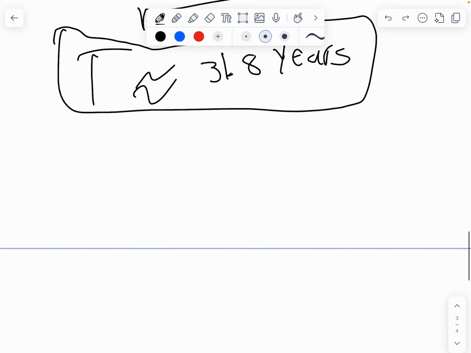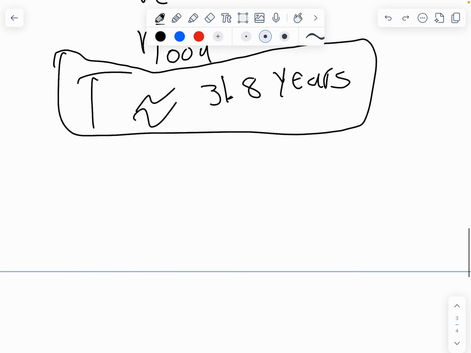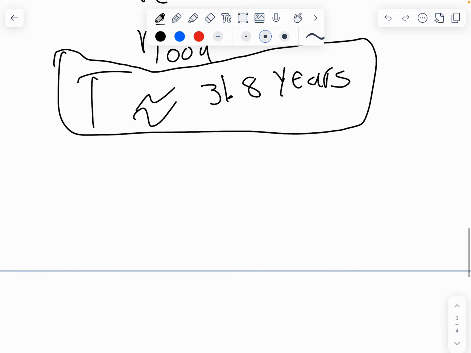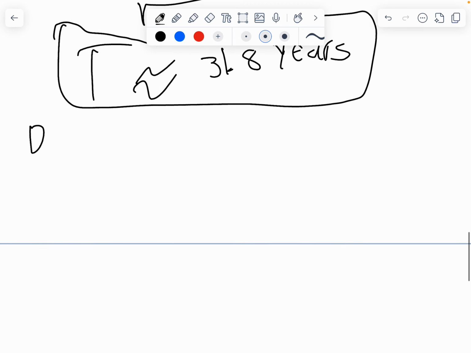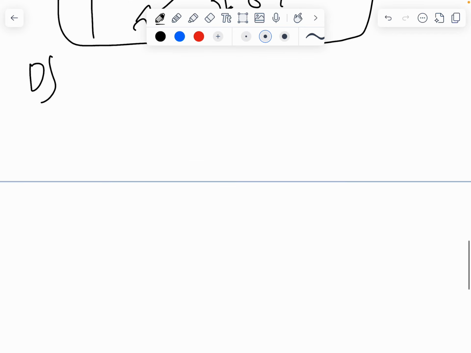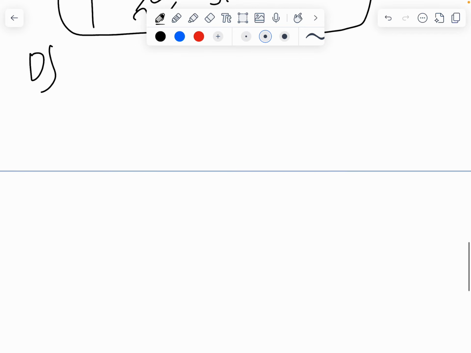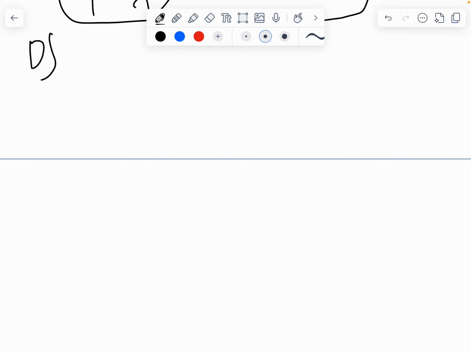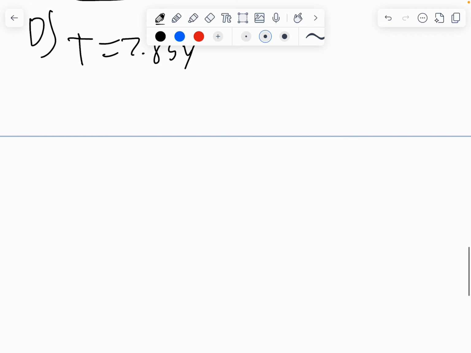Alright. Now we're going on to part D, which is saying the orbit of a certain asteroid around the sun has a period of 7.85 years and eccentricity 0.250. Find the semi-major axis. For this one, we are given T equals 7.85 years. And we're going to use Kepler's third law to find out the astronomical units.